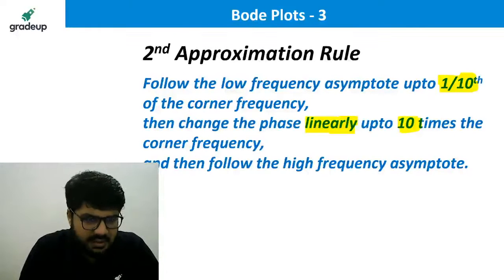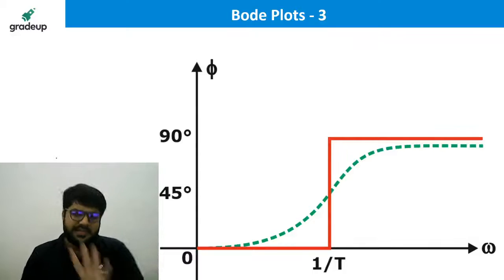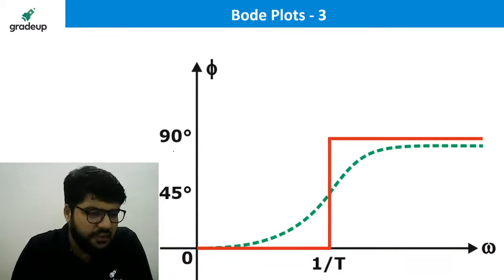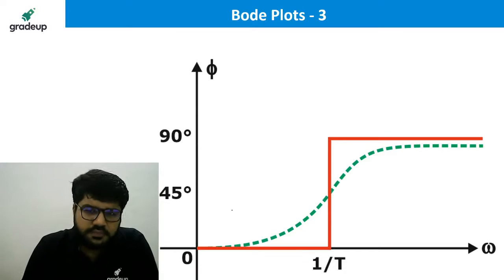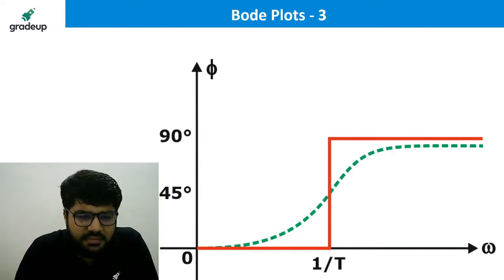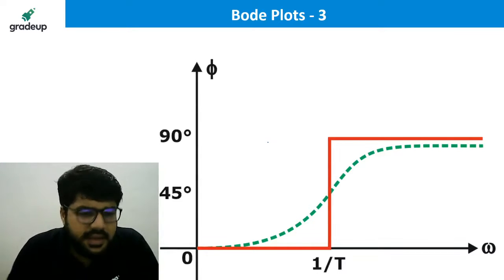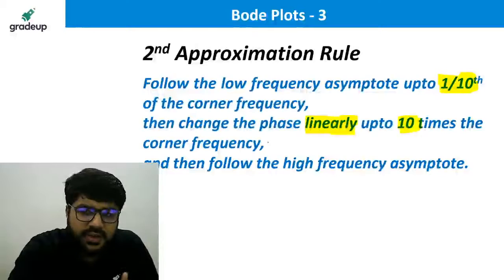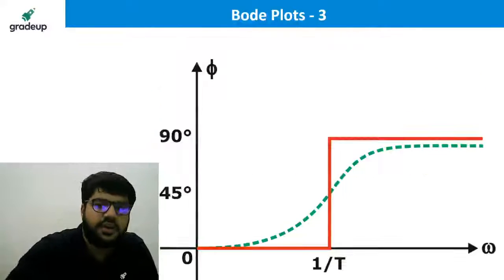Let's understand it graphically. Look at this. I have copied the same graph here. Just let us follow in the same graph. What I told is follow the low frequency asymptote up to 1/10 of the corner frequency.